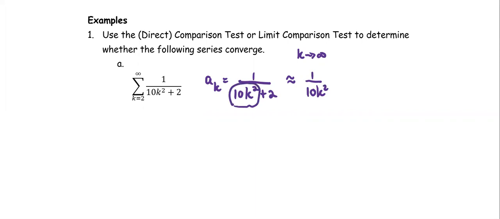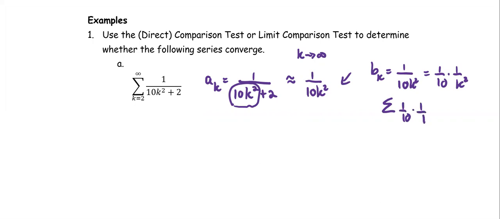Now we use the p-series as the comparison series, b_k equals 1 over 10k squared, which is 1 over 10 times 1 over k squared. This is the p-series with p equals 2, and 2 is greater than 1.